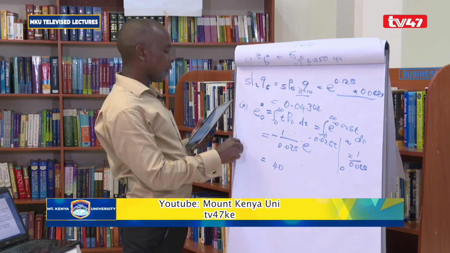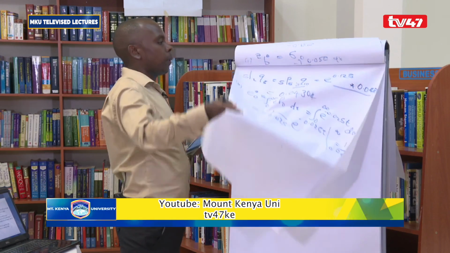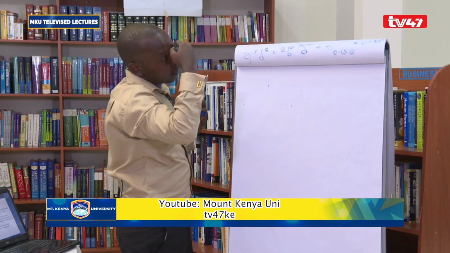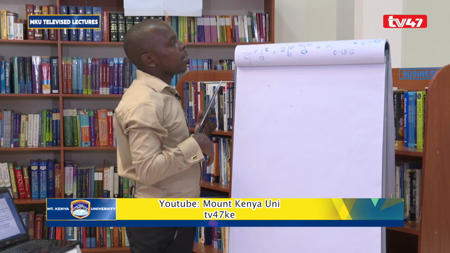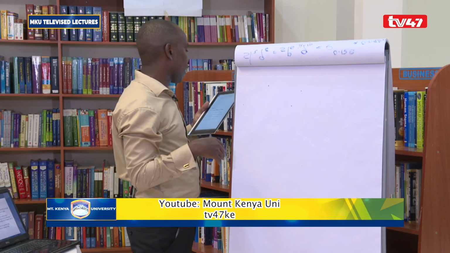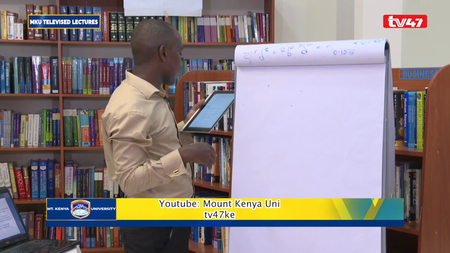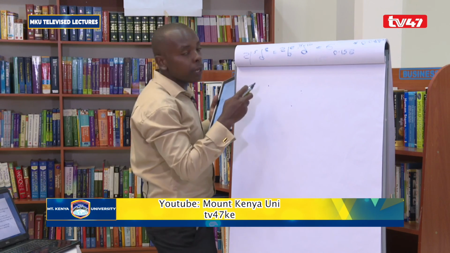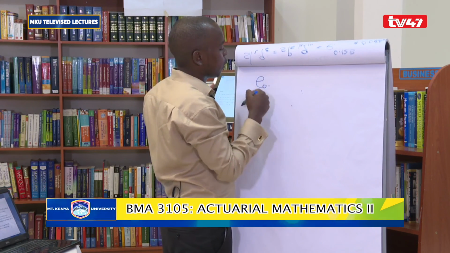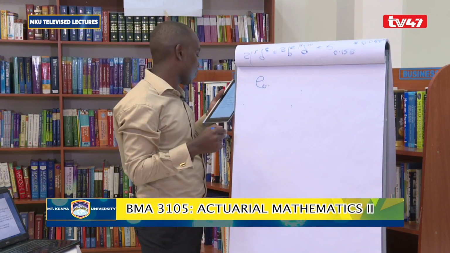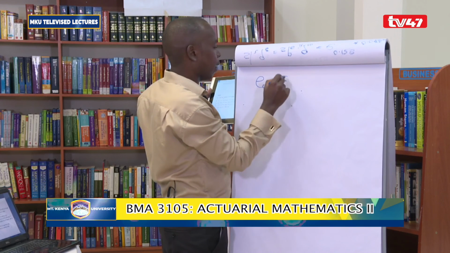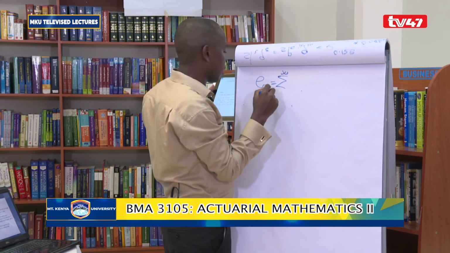Then we have the curtate expectation of life, and the curtate expectation of life is simply defined as the integer part of the complete expectation of life. But in our case, we can easily approximate the curtate expectation of life, which is denoted by E subscript 0, and as a discrete value, we use summation.